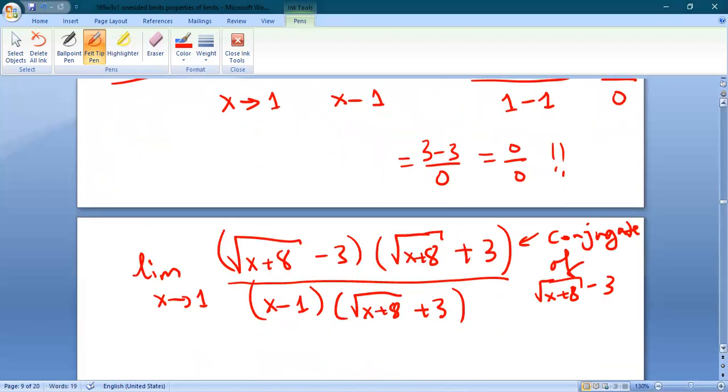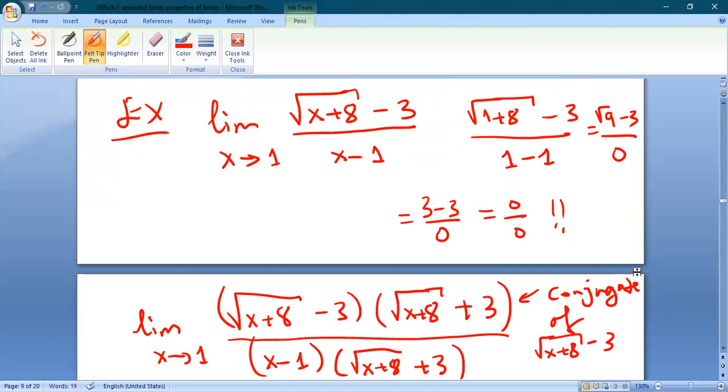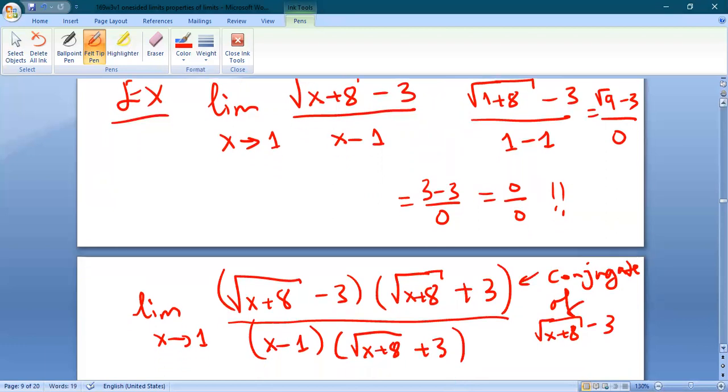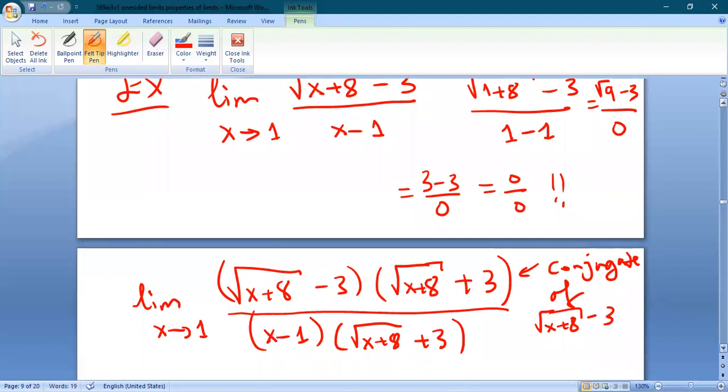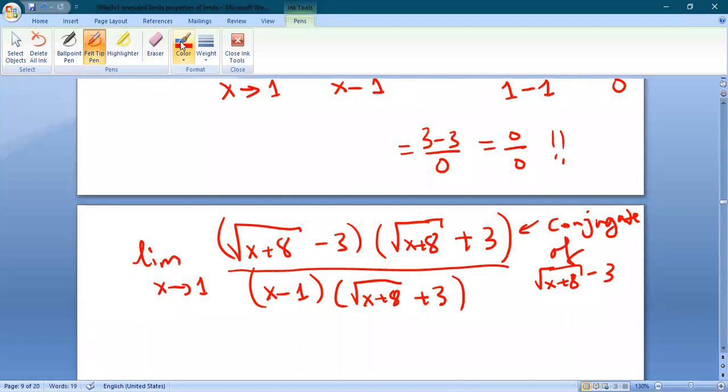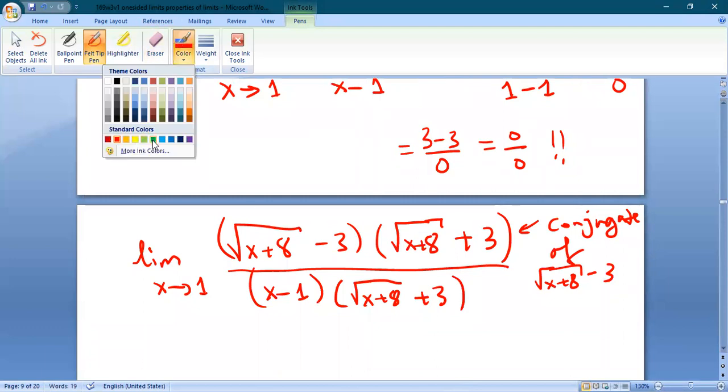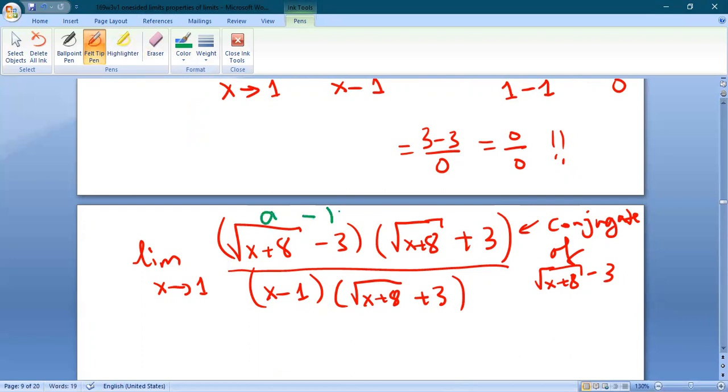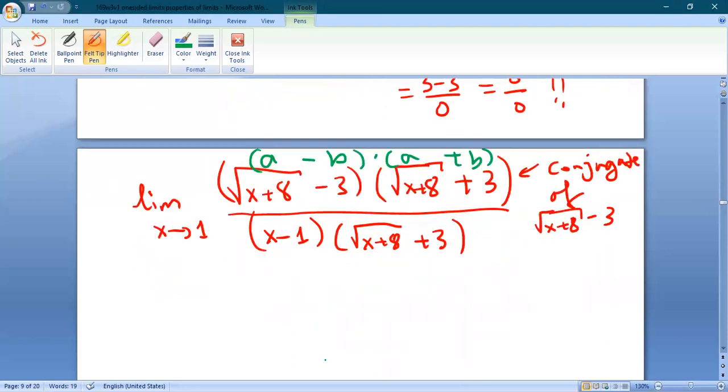And when you see a square root like this, which gives a 0 over 0 when you take the limit, the trick is multiply both top and bottom by the conjugate. So what's going to happen? What I'm actually doing here is a minus b times a plus b. Remember the previous trick, it's going to give me a squared minus b squared.